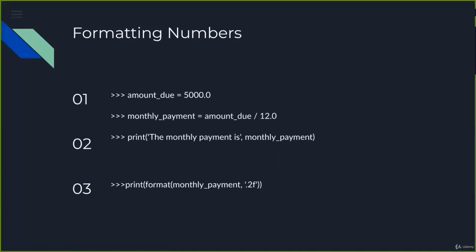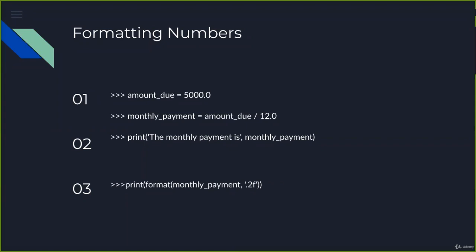Now, floating point numbers have some digits after the decimal point. Like here, I have a number 5000 and a decimal point, and the number 0 is beyond the decimal point, meaning that I have some value beyond my decimal point as well.